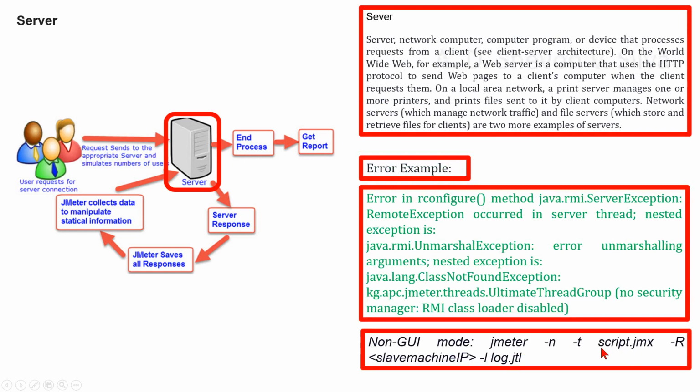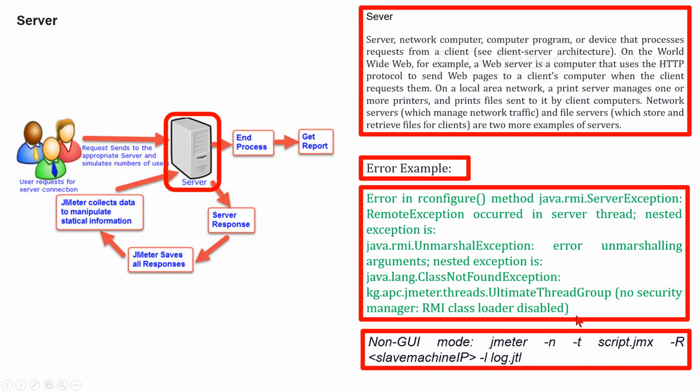As an error example, we can consider this error that occurred when JMeter is running in non-GUI mode with jmeter -n -t script.jmx -r, slave machine IP, -l log.jtl.